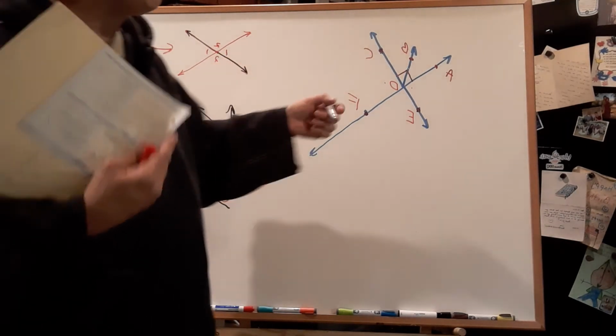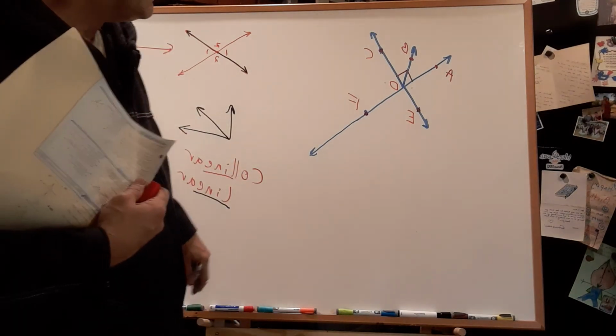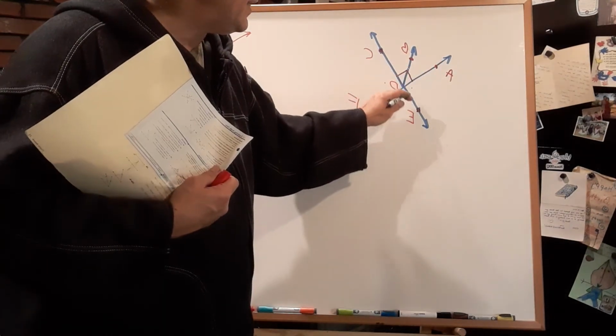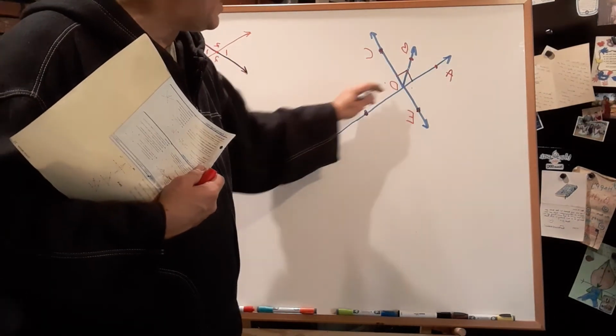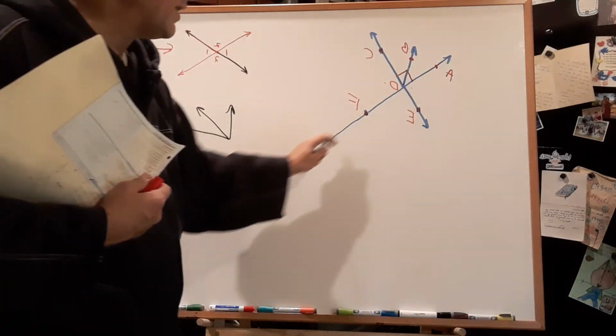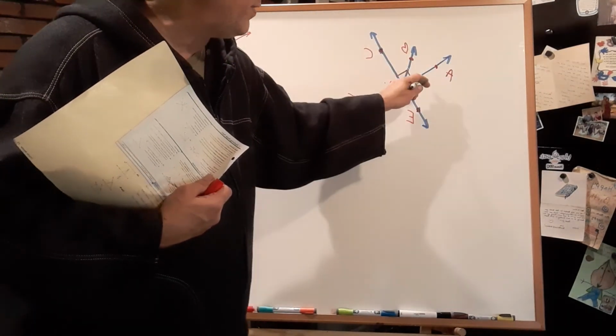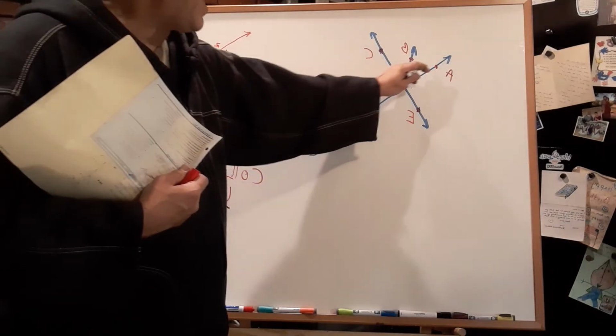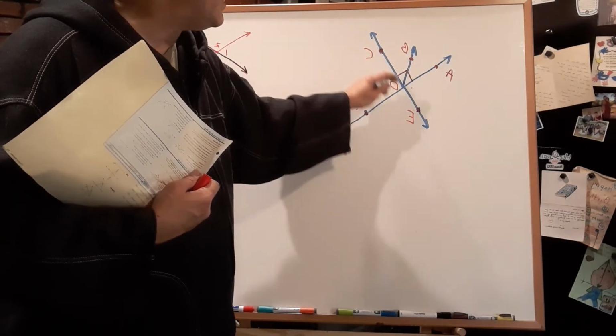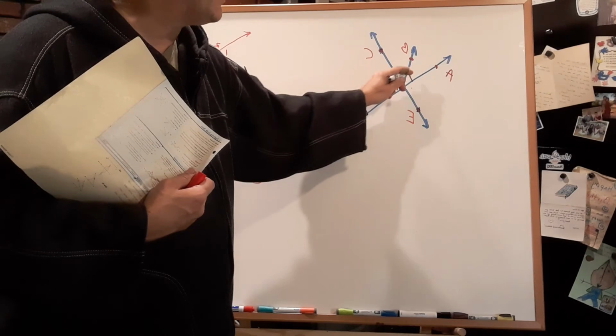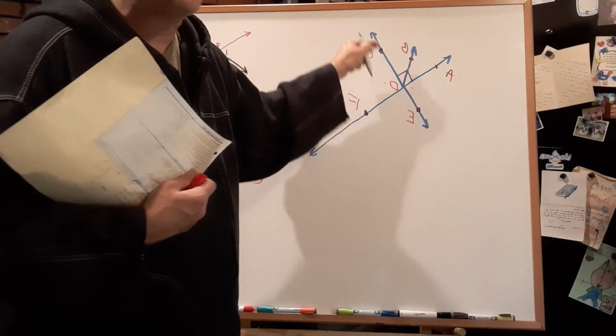So look at all of them, and they have to be adjacent, remember? Angle ADE and angle EDF, they're sharing this line, so it's a linear pair and they're adjacent. ADB and CDB are adjacent, but they're not sharing a line.